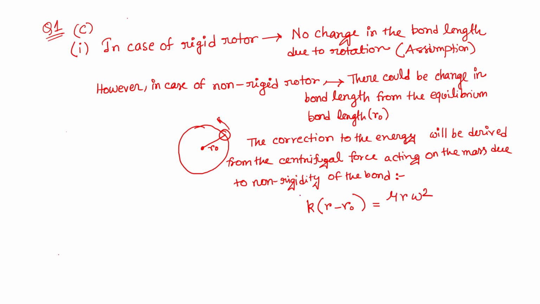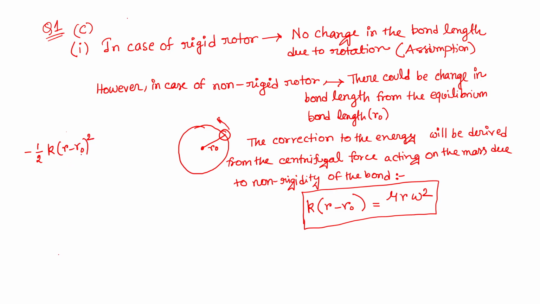So this is what they want. Actually, your energy is going to decrease by minus half k into r minus r0 square. I'm not going into the details of the derivation, but there is a term minus half k into r minus r0 square.